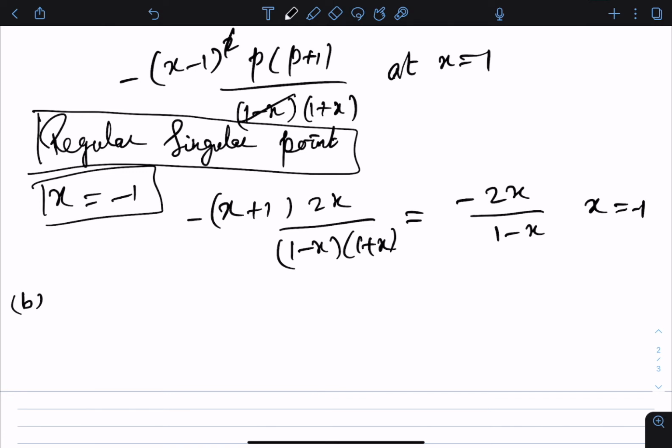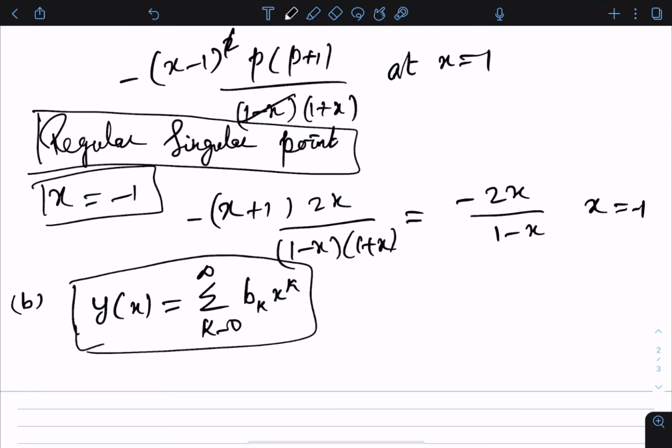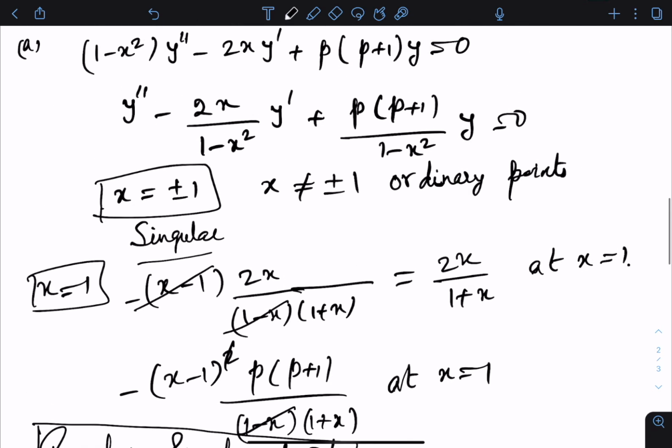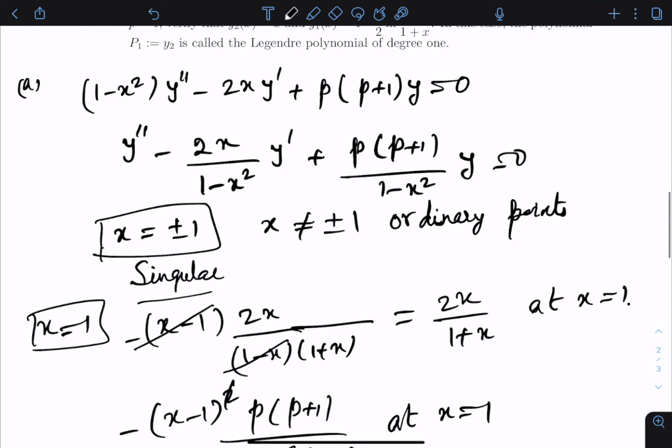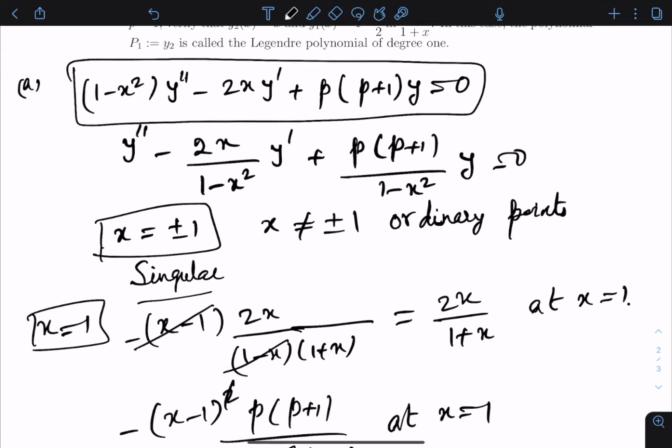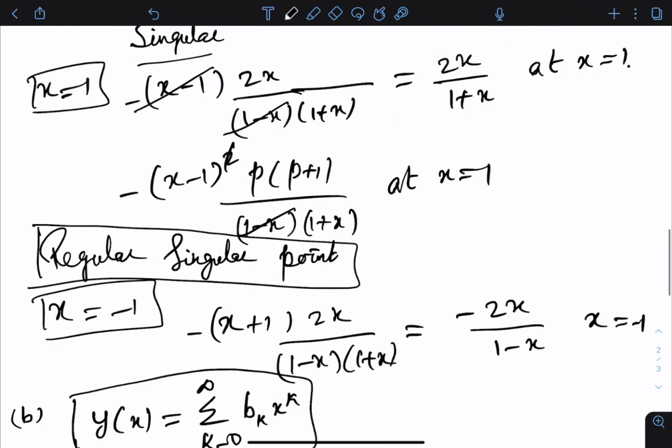So let's look at the power series about the origin. You look for a solution, let's call it summation bk x power k. Now you take this y, differentiate it, and so on, and use it in this ODE here. Substitute for y this power series form there.